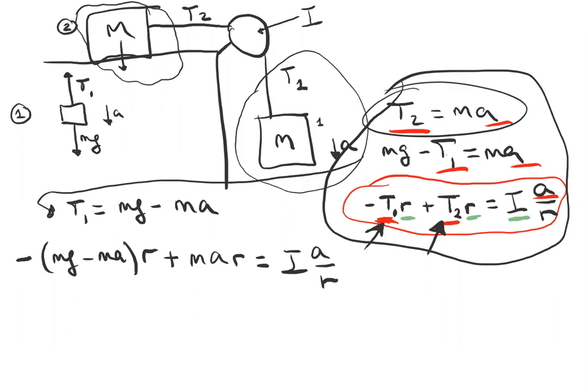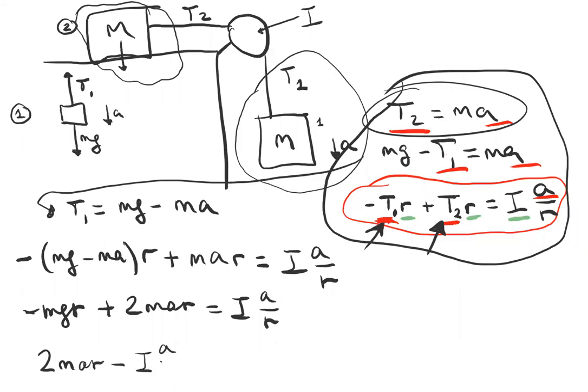So after opening these brackets and doing some simplification, I will get negative mgr plus twice mar is equal to I a over r. And I will solve this for acceleration. Let me rewrite it as twice mar minus I a over r is equal to mgr.